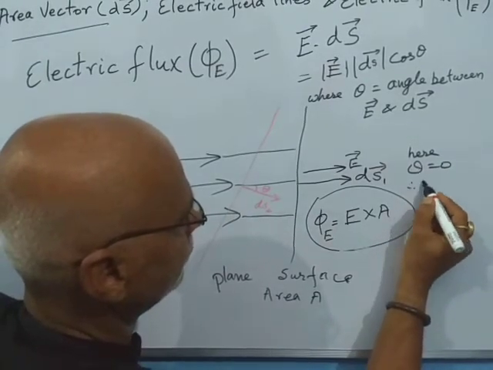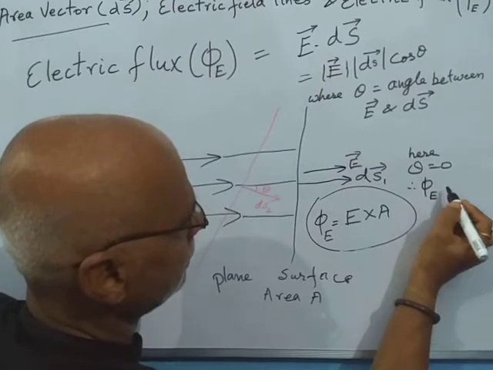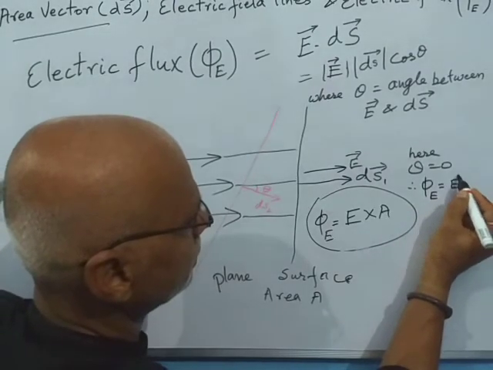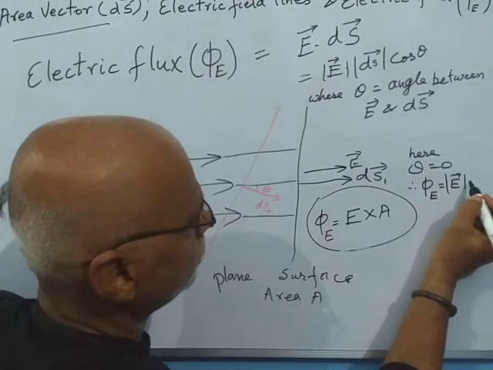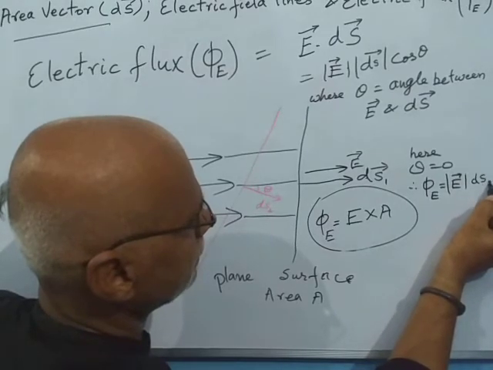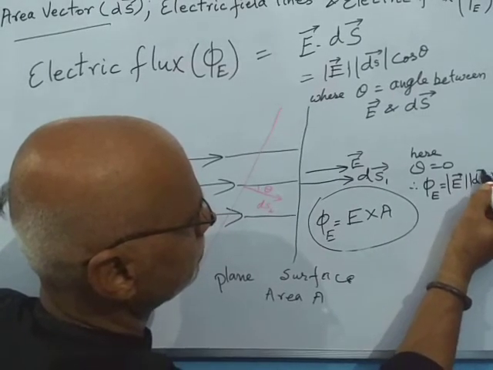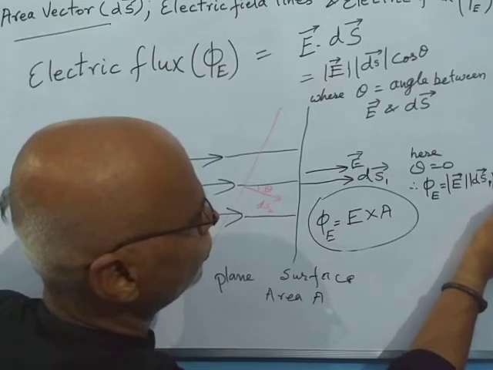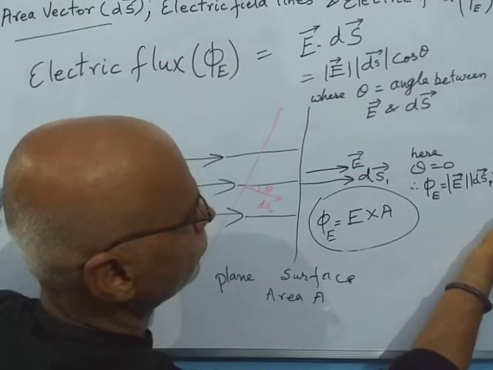Therefore, phi E will be maximum: magnitude of E into magnitude of the area vector into cos 0. Cos 0 is how much? 1.